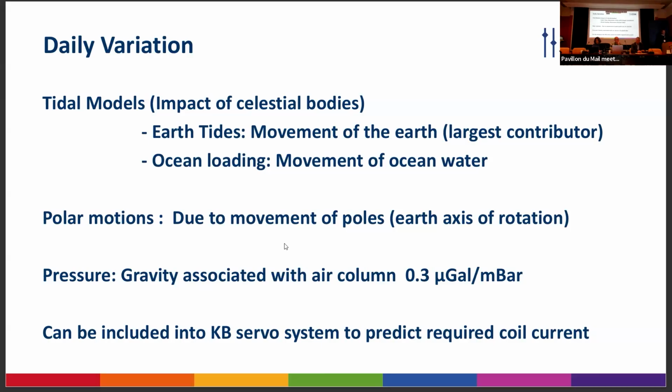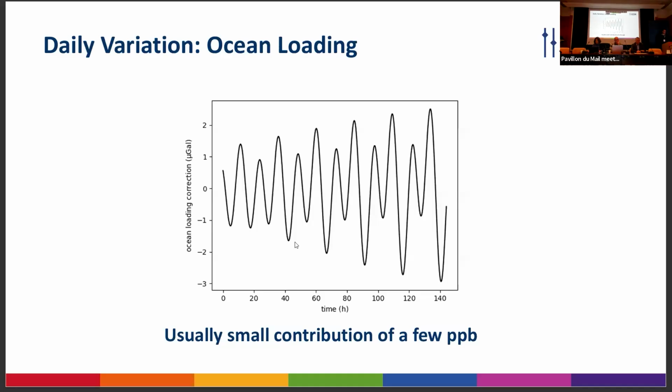What we need to do in our Kibble balance is we actually use these tidal predictions to affect our servo motors. So for example, when we're doing our mass loading, we can predict what the coil current needs to be to properly transfer our mass. And so that does things more stably because it knows what to expect.